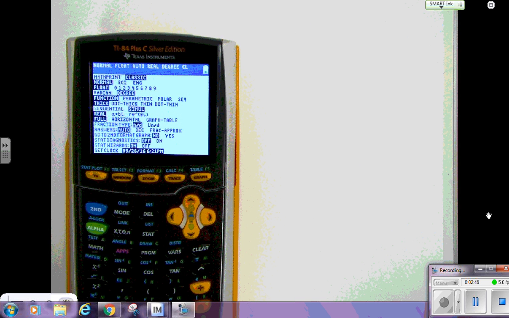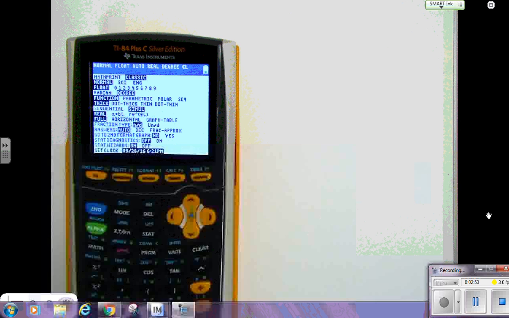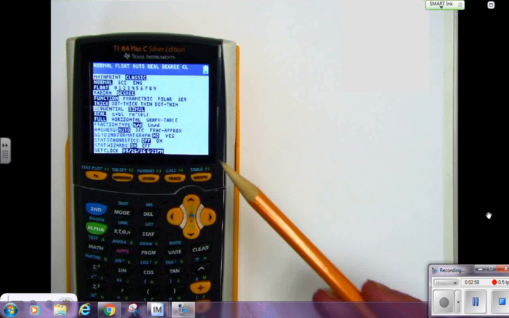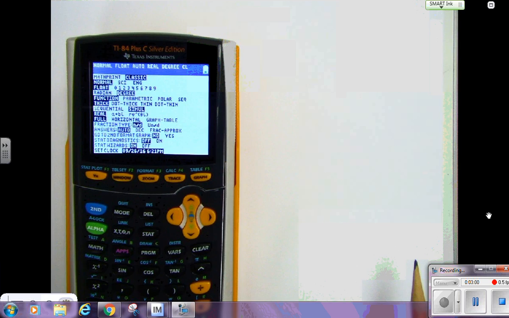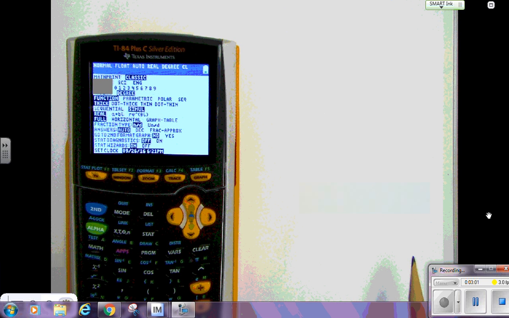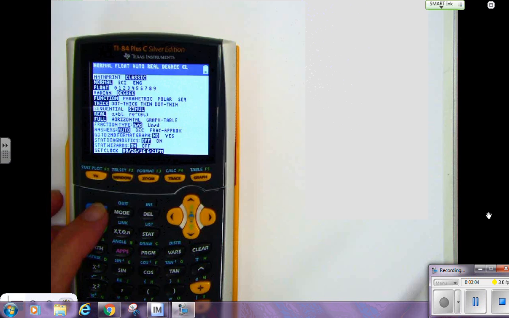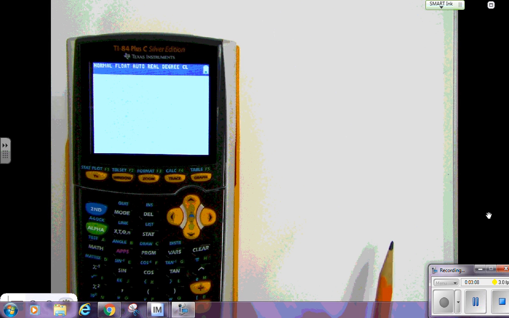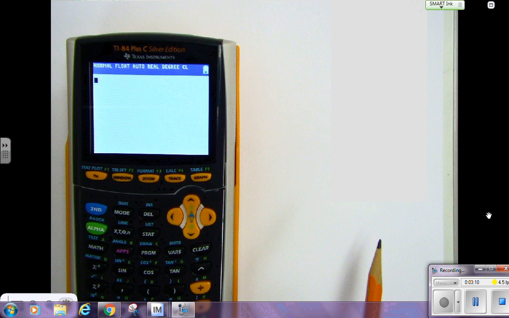If you have a Casio, then I'm not real familiar with those, so we're going to have to figure that out. But some of the things that we do with the TI is similar to what the Casio does, so by watching what I'm doing with the TI-84 or 83, you might be able to figure out what to do with the Casio.